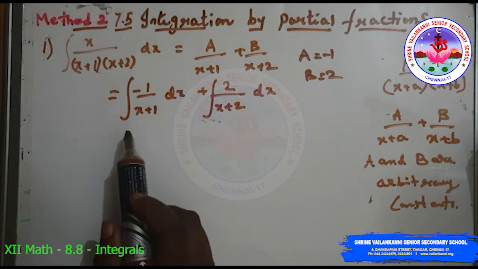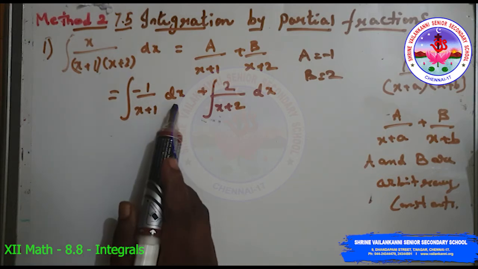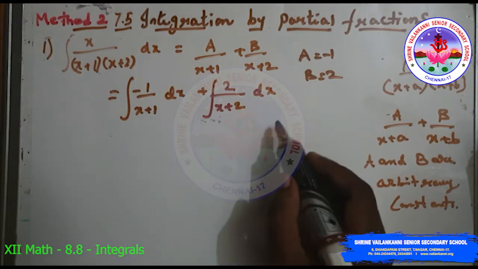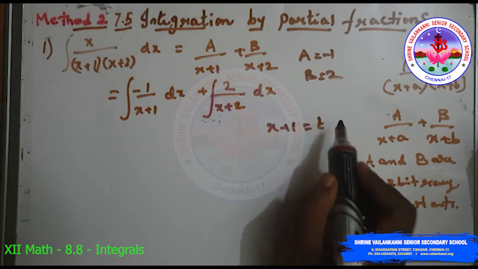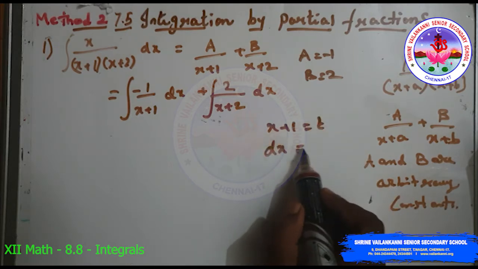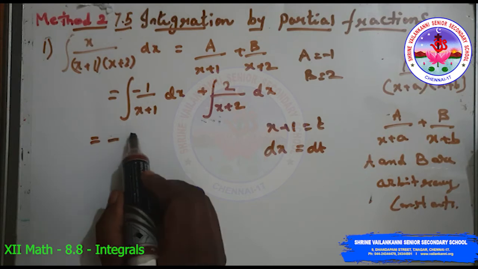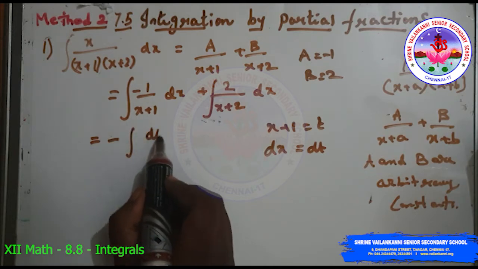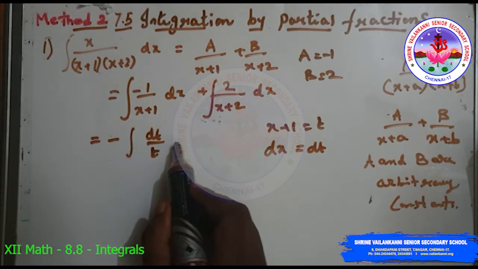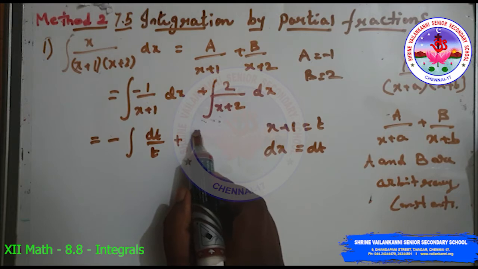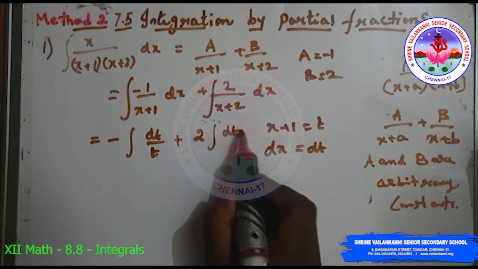So this is nothing but minus of log of x plus 1. Taking x plus 1 as t, differentiating this we get dx as dt. So this is minus dt by t. This one also 2 into dt by t.